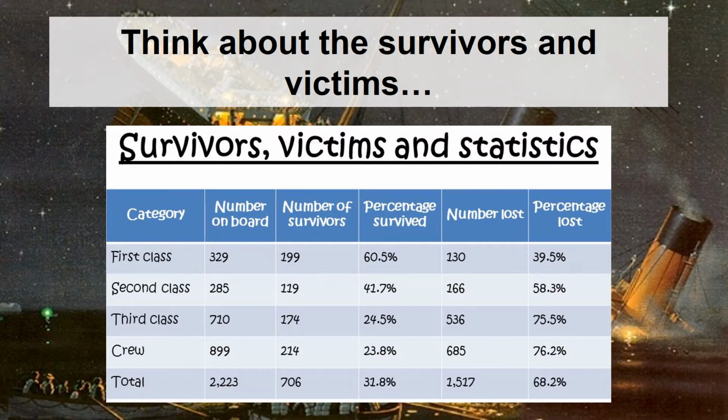And why was this the case? Think about what you learned in the first few lessons of Titanic about how certain passengers were treated on board, how much tickets cost, and ultimately what was the experience of certain passengers on board the Titanic. Think also, which category of passengers were allowed on board the lifeboats first.